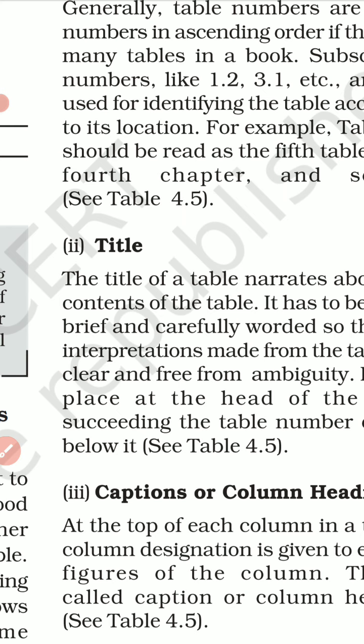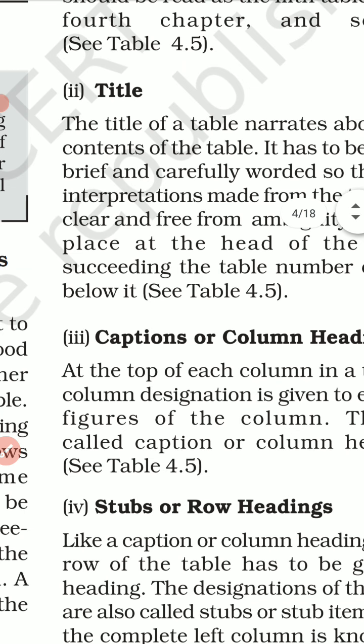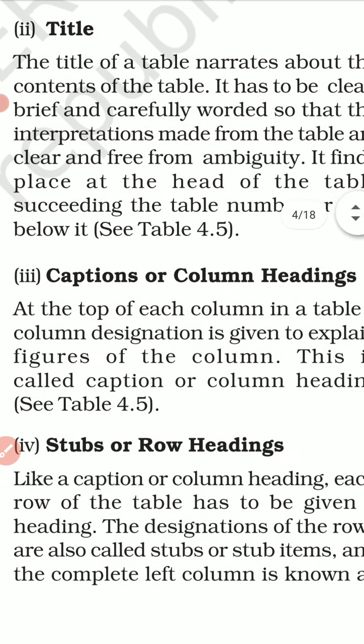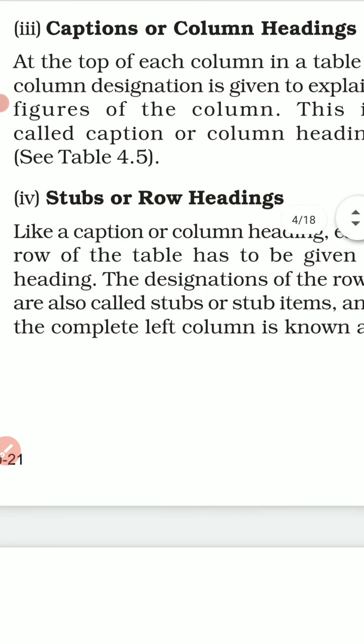Whatever the information is about, we have to specify by the title. Heading of the table, that is our title. Then I have already told you captions means heading of the columns are called captions. Then headings of the rows are called stubs.